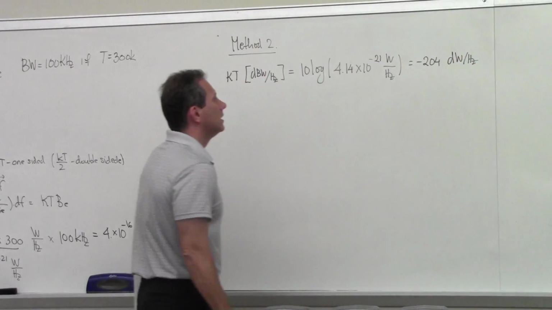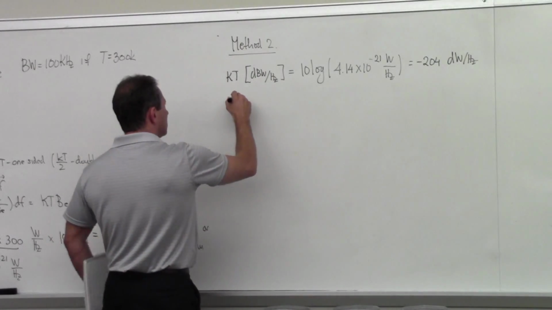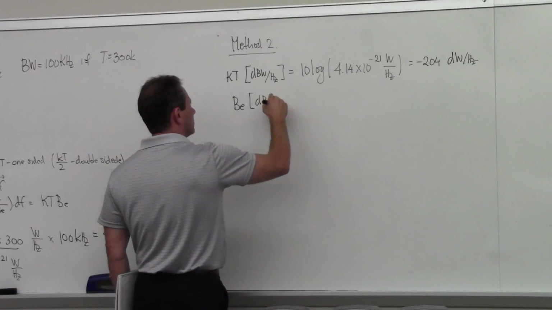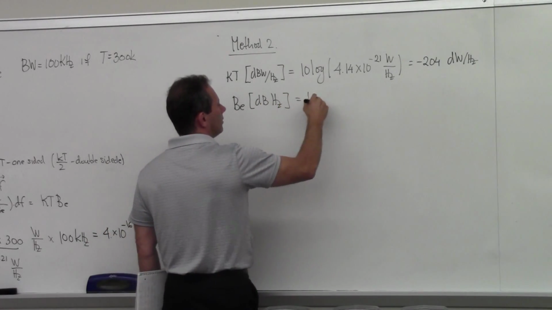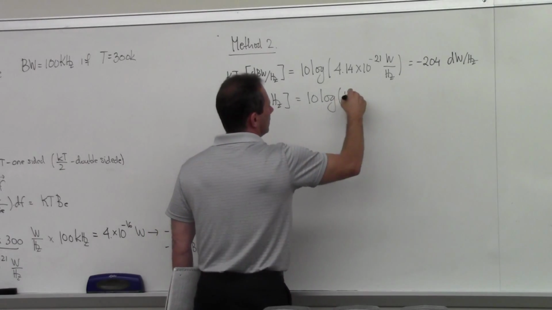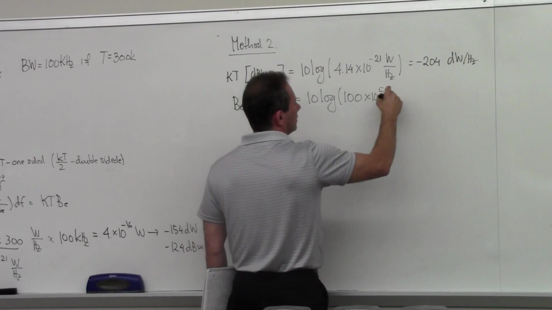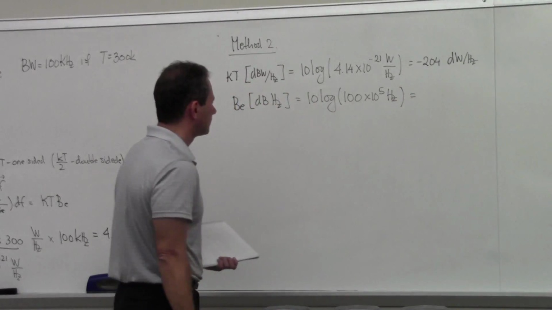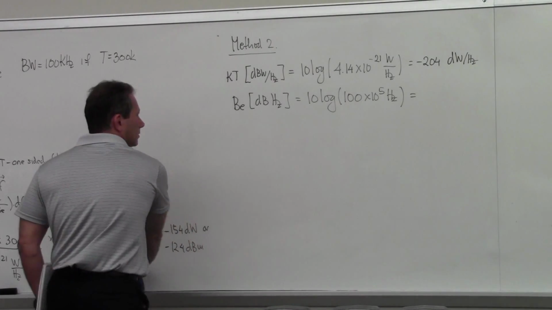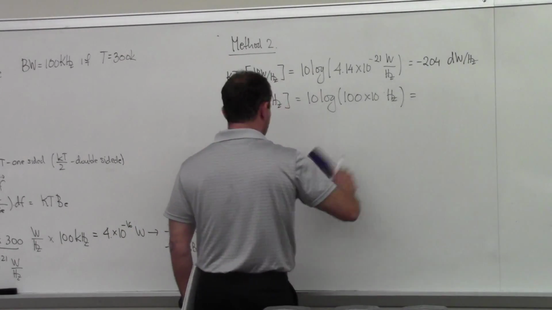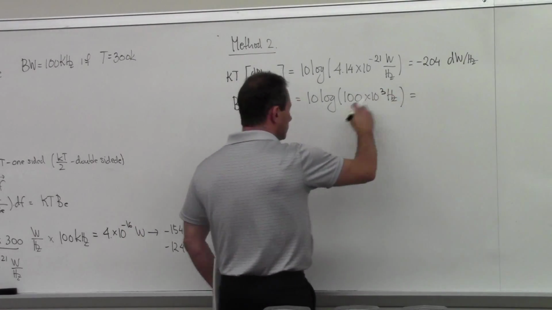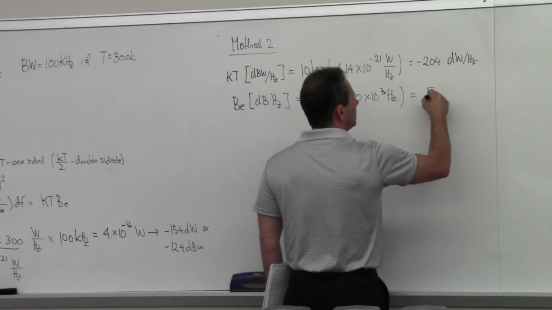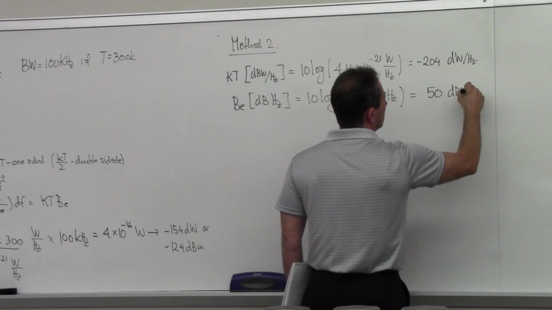Then they would say, okay, my equivalent bandwidth in dB hertz would be 10 log of 100 times 10 to the 3 hertz. So the overall thing is 10 to the 5, so it's 50 dB hertz.